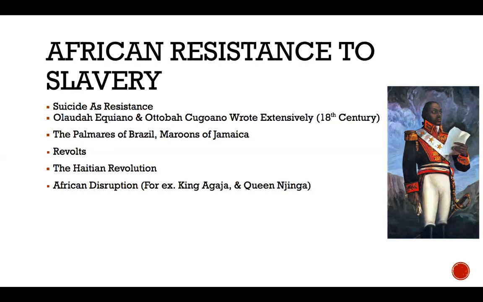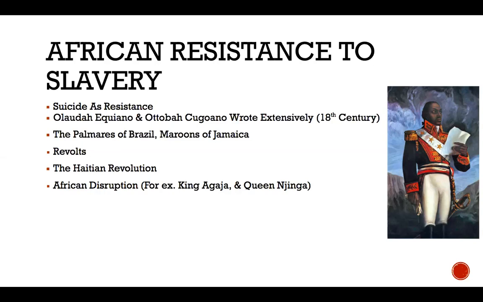But actually, the Africans themselves, both on the continent and in the New World, put up serious resistance to slavery as well, right? So, what are some of these forms of resistance? First of all, we can talk about the hundreds of thousands who died by jumping overboard during the transatlantic slave trade, in a line now made famous by the movie Black Panther, when Killmonger talks about how his ancestors would have preferred to die than to live in bondage.